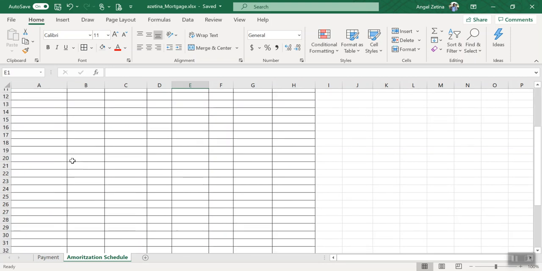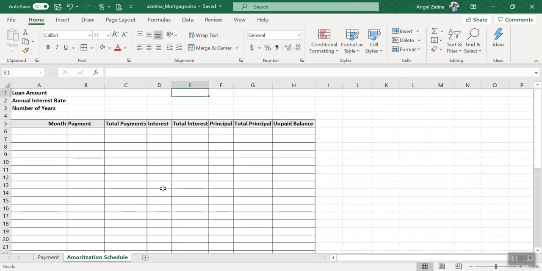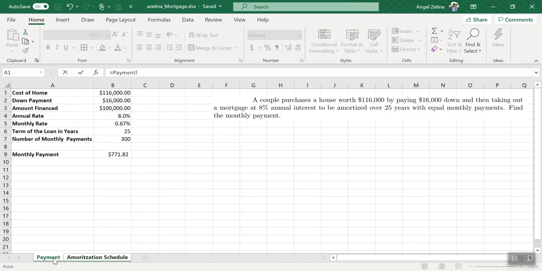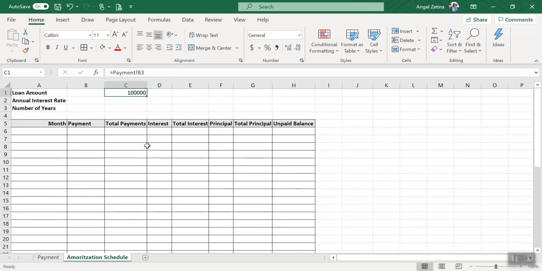I've already created a table that highlights the information we're going to enter. So let's reference the loan amount. We're going to hit equals, payment, and then select the loan amount. So I'm going to select the 100,000. We can format this as currency.